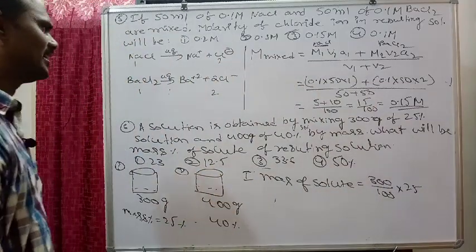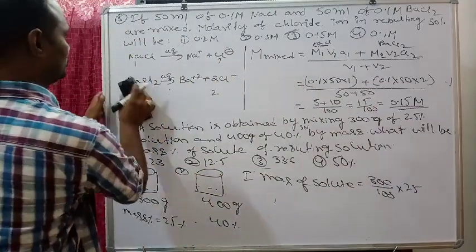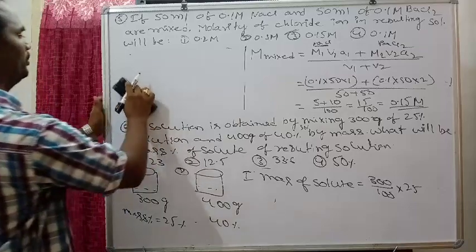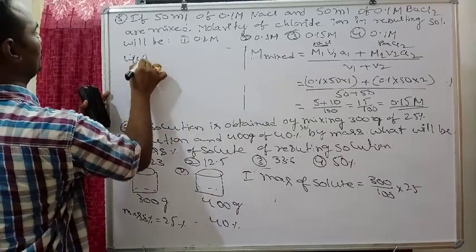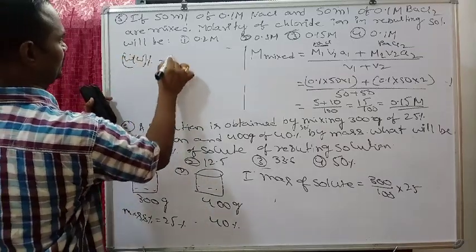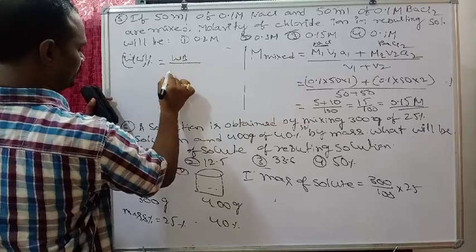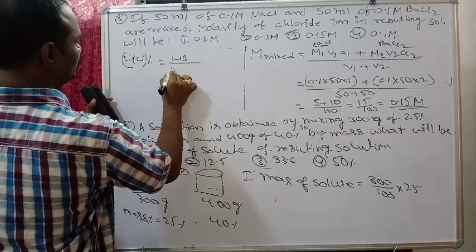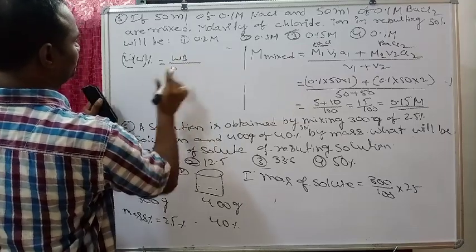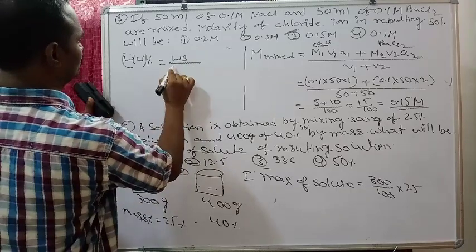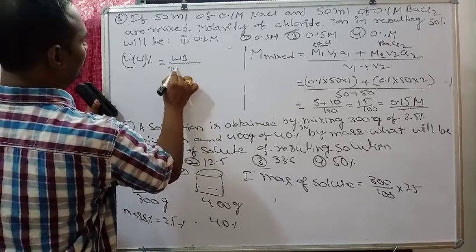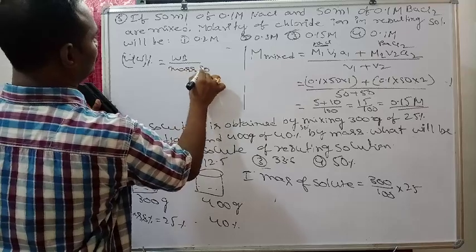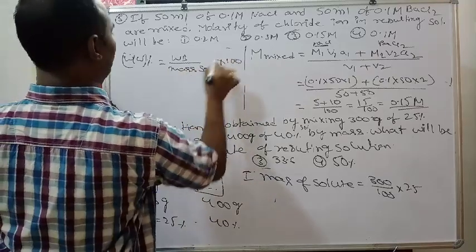Why am I taking it like this? The mass percentage formula, W/W percentage, is equal to mass of solute by total mass of solution into 100.